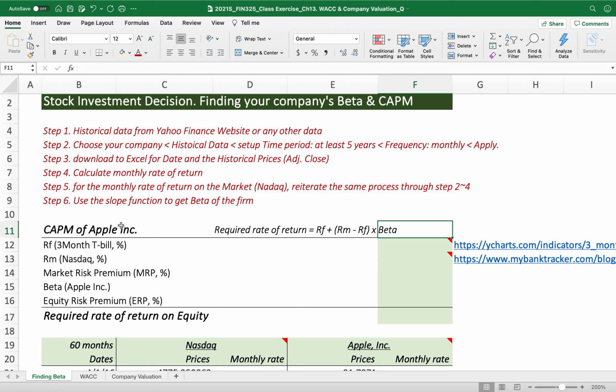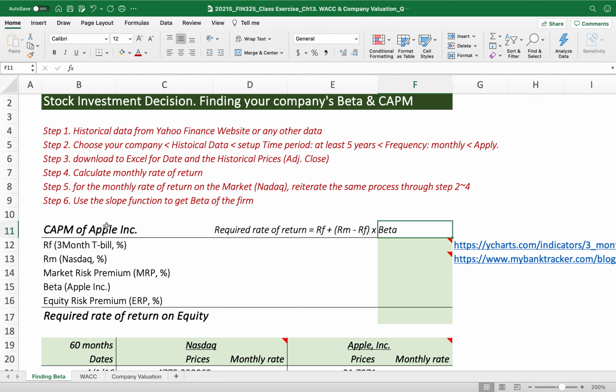Then we download the Excel file with the date and the historical data, and calculate the monthly rate of return. The annual rate of return is not suitable for calculating the beta, because we want to measure as frequently as possible, though not on a daily basis, so monthly, which includes the 60 months.